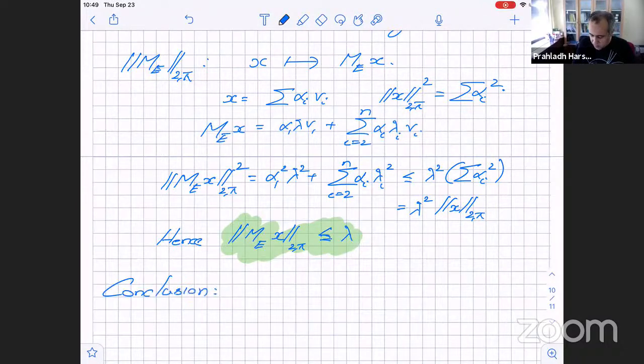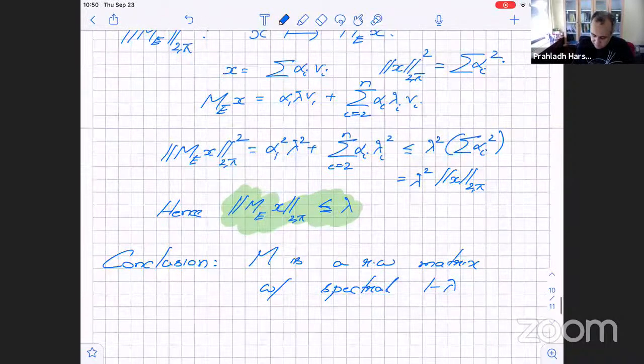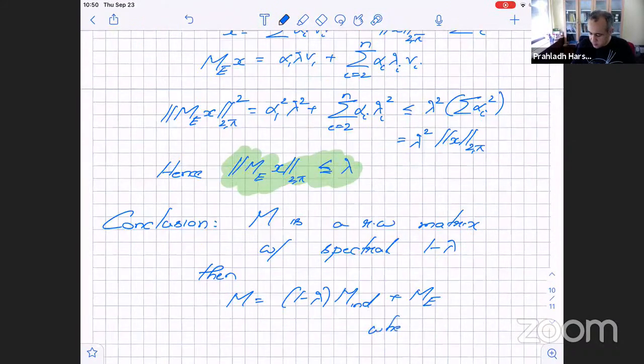If M is a random walk matrix with spectral gap 1 minus lambda, then M can be written as 1 minus lambda times the M ind plus an M error, where the M error has very small norm. Its norm is at most lambda.